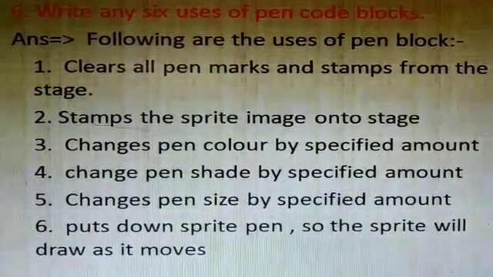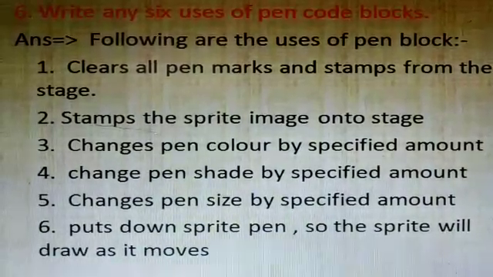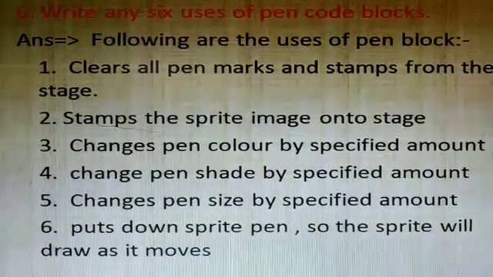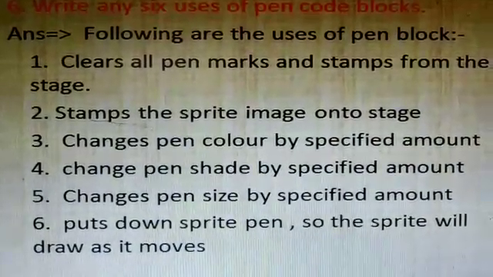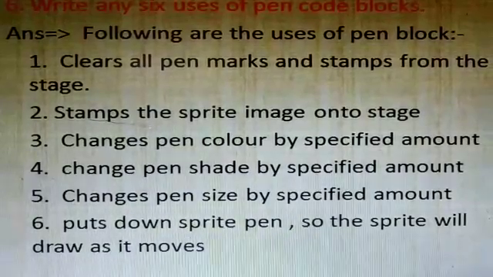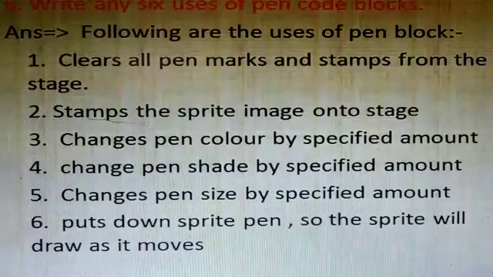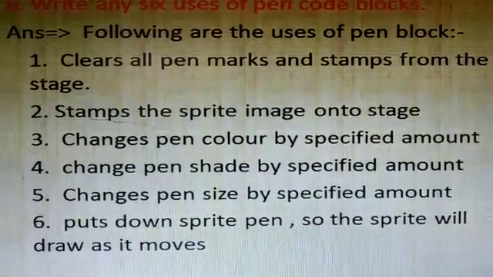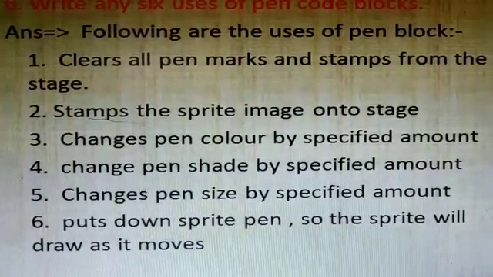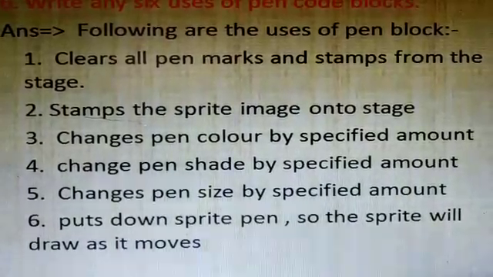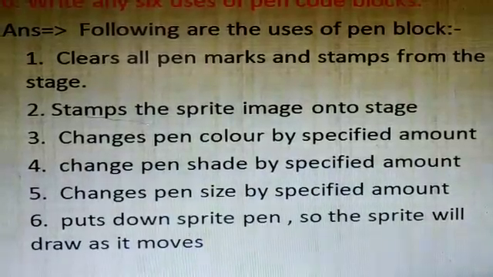Fifth, change pen size by a specific amount. And sixth, put down the sprite pen so the sprite will draw as it moves. With the help of the pen block, you can change the size, the image on the stage, the color, the shade, everything according to you.